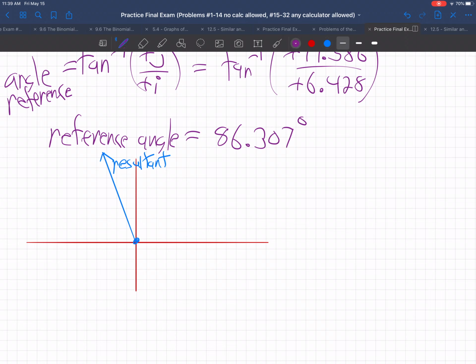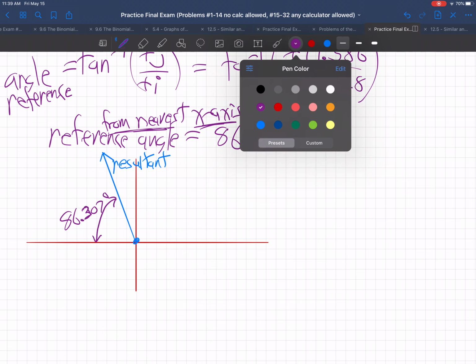Well, what does reference mean? From the nearest x-axis. That's what you've got to be 100% clear on. A reference angle is the angle from the nearest x-axis. So that means from here to there is 86.307 degrees, isn't it?